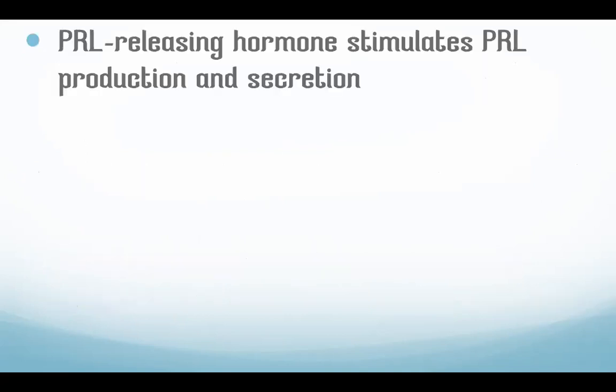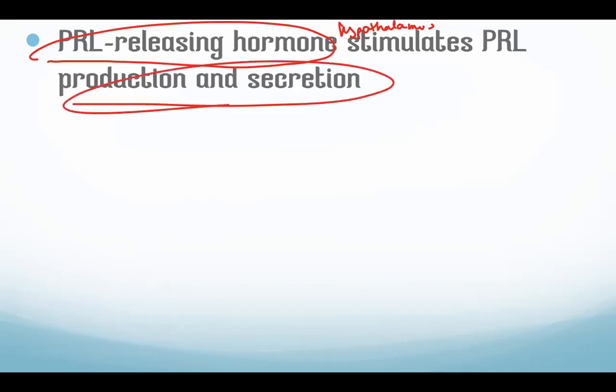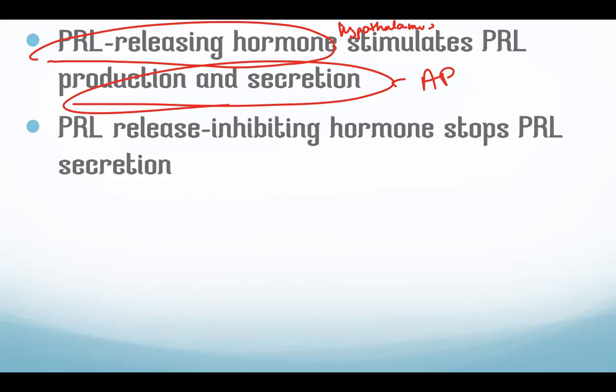Okay. Prolactin releasing hormone from the hypothalamus stimulates prolactin production and secretion from the anterior pituitary. So prolactin releasing hormone is from the hypothalamus, and then prolactin production and secretion is going to be from the anterior pituitary.